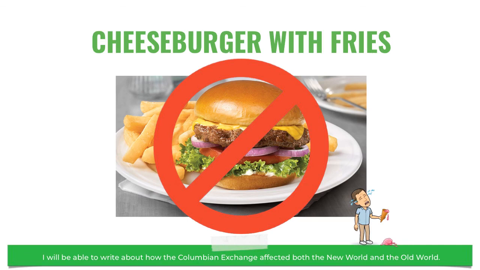But if you're living in the Old World, then you would not have had tomatoes on your hamburger. Okay, no big deal. But you would not have been able to have fries because those came from the New World to the Old World. So sad both ways.